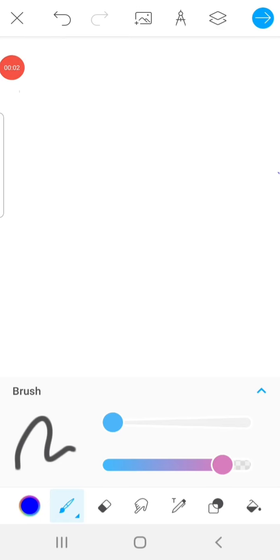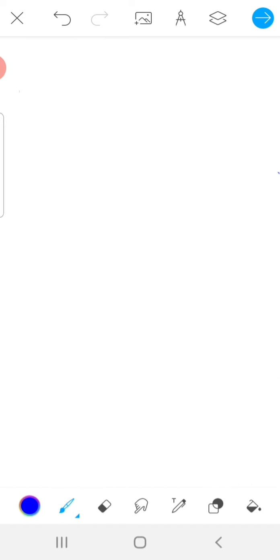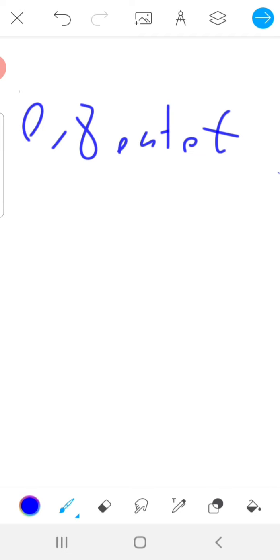So in 6.4, we get to learn more about how to get fractions of different units. For example, 0.8 out of 2.5 hectograms.